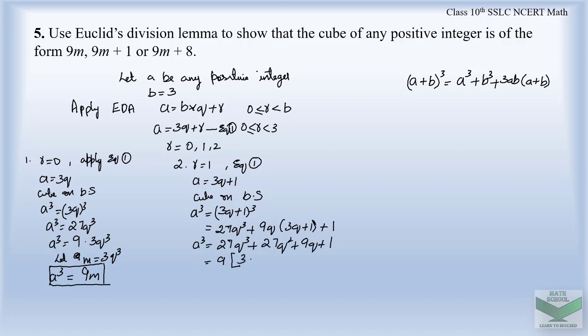So we get 9 into 3q cube plus 3q square plus q, plus 1. So let m is equal to 3q cube plus 3q square plus q. If we substitute m value, we will get 9m plus 1.